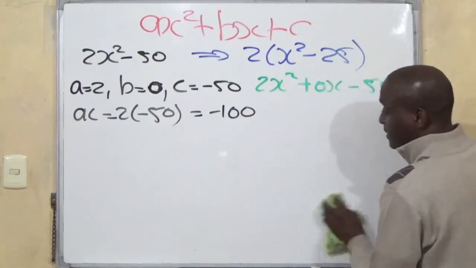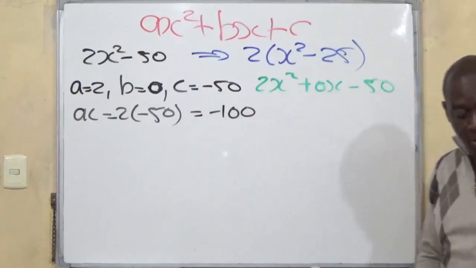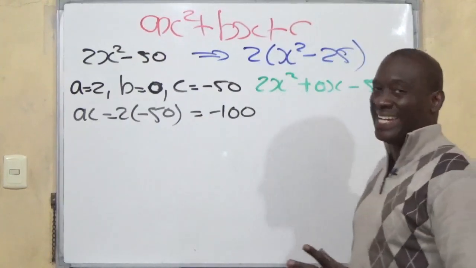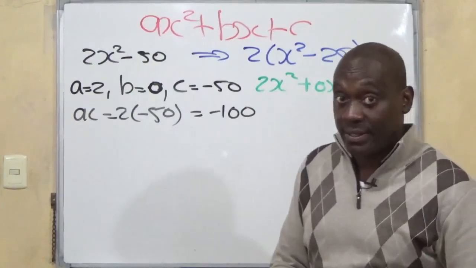Now let's see how nice the English is. We have our two factors which are also addends of 0, minus 10 and plus 10.